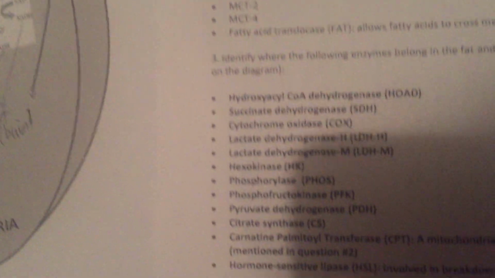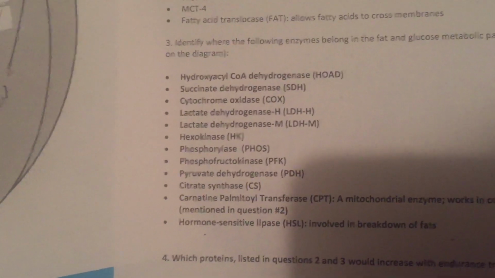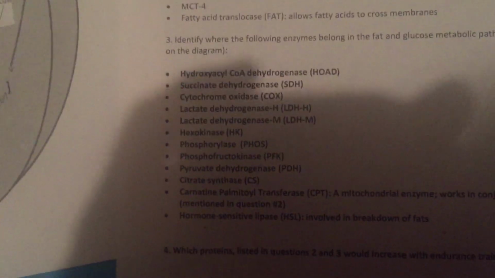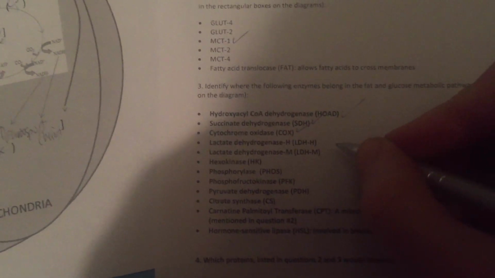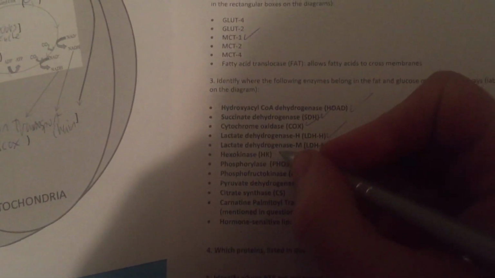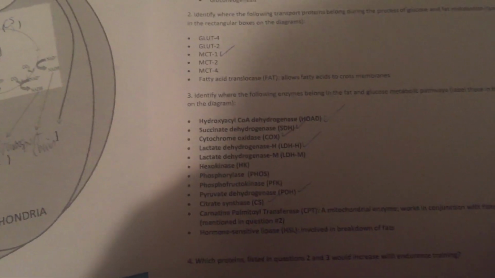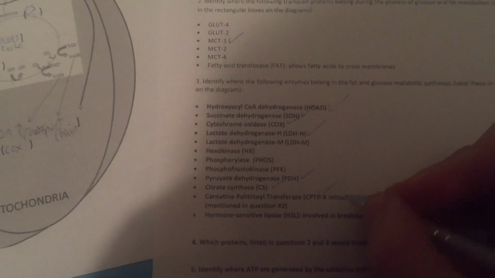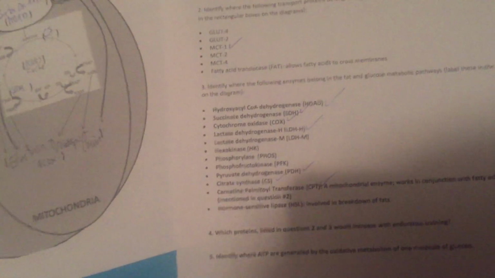So I've ticked off that one. And then down here, from the fat metabolism and carbohydrate metabolism diagrams, you know that HOAD is in the mitochondria, SDH, COX, lactate dehydrogenase H, your pyruvate dehydrogenase, your citrate synthase, your carnitine palmitoyltransferase is in the mitochondria. And that's pretty much it.